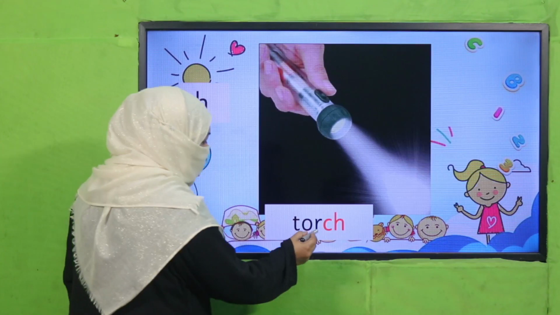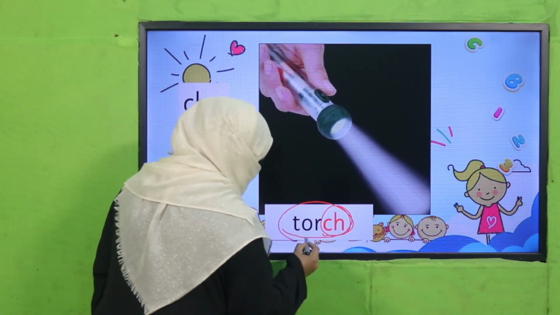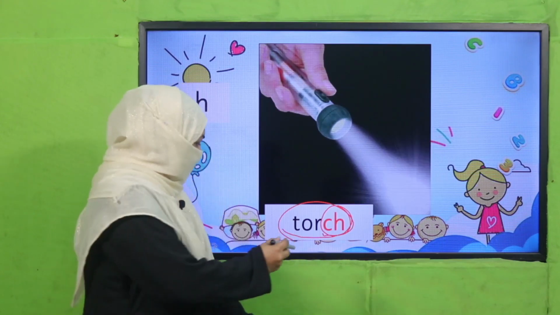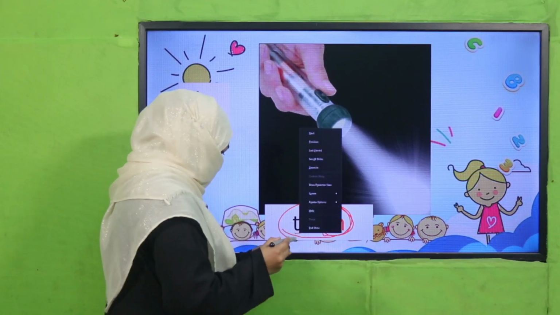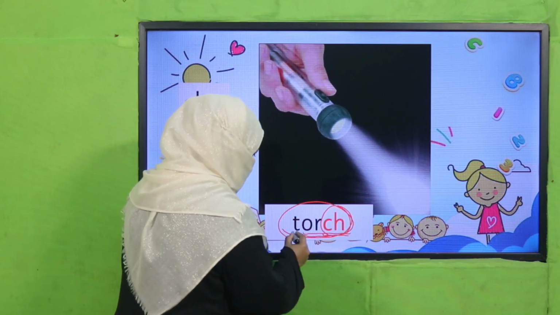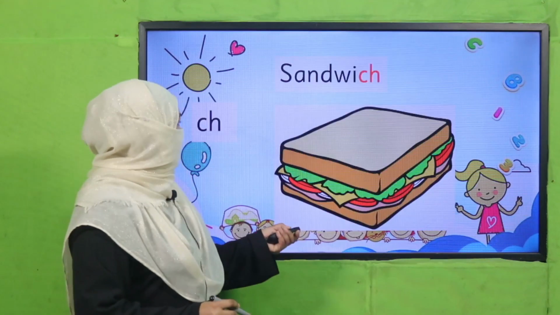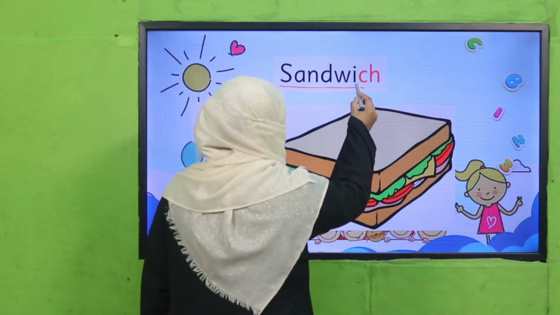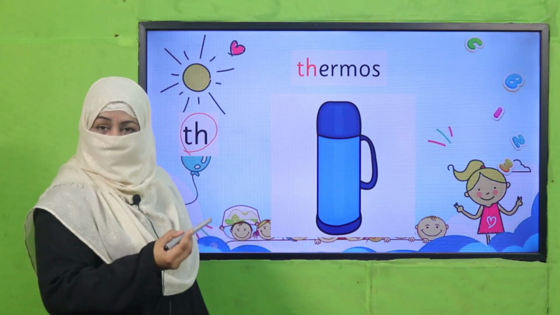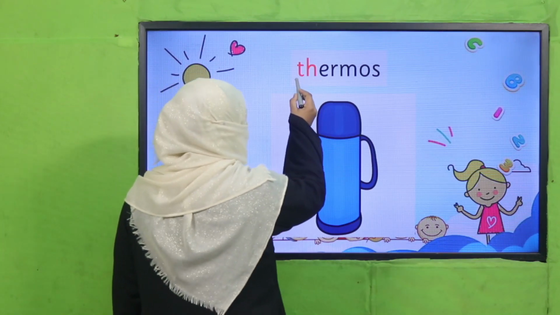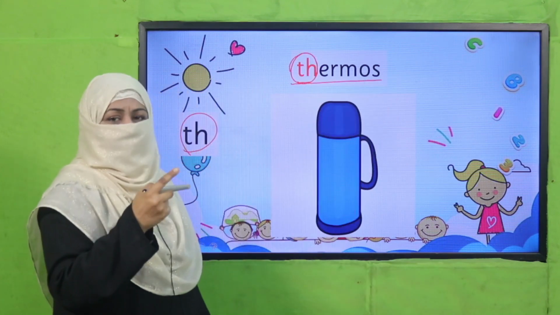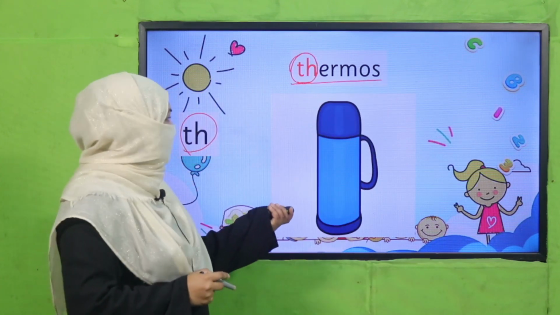Okay, torch. So beta, the rest of the reading strategy will remain the same. How do we read it? Torch, right? Okay, sandwich. Now, this digraph TH has two sounds, the and thermos. Here it's thermos.